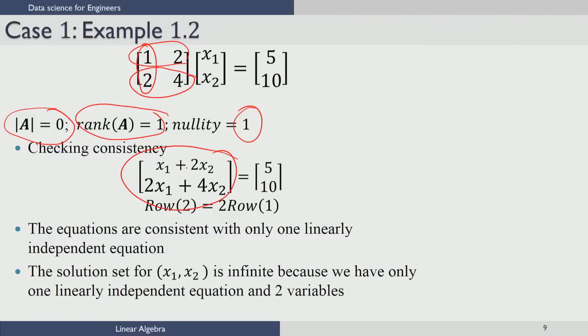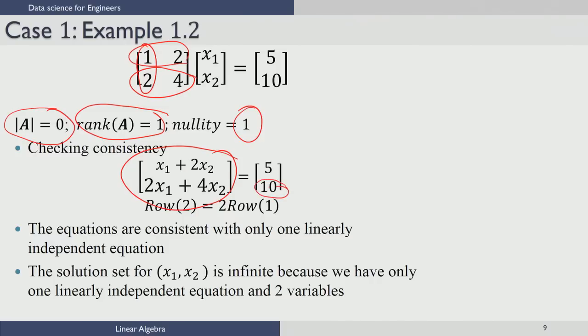So, if we take a look at this example, we know the left hand side, if I take the first equation and multiply it by 2, I get the second equation on the left hand side. So, x1 plus 2 x2 multiplied by 2 gives me 2 x1 plus 4 x2. Now, if the same linear dependence is maintained on the right hand side, that is, if I take the first number 5 and multiply it by 2, I should get this number.